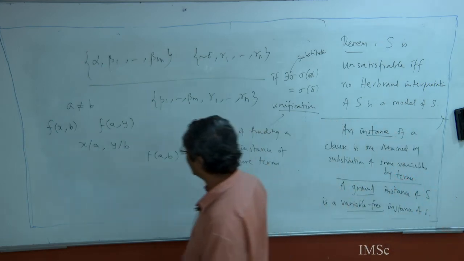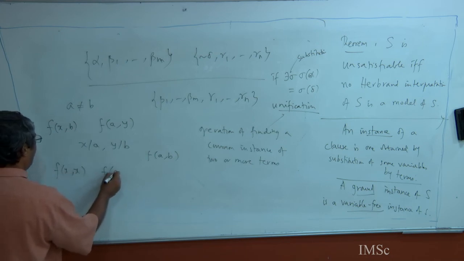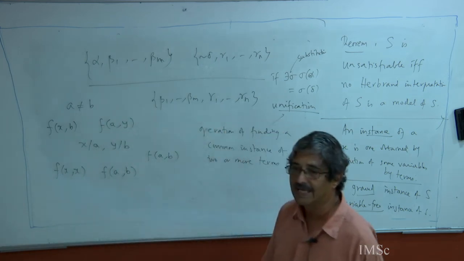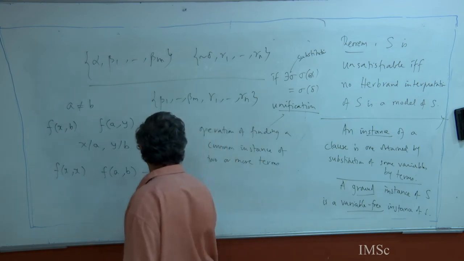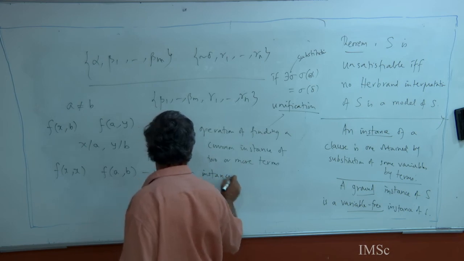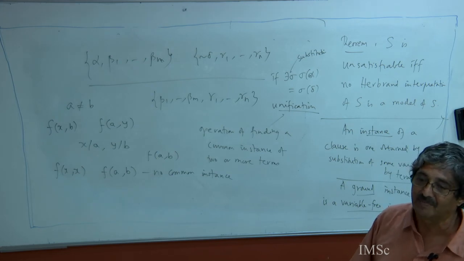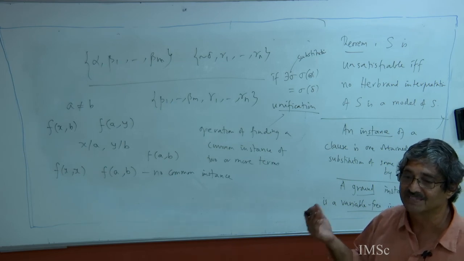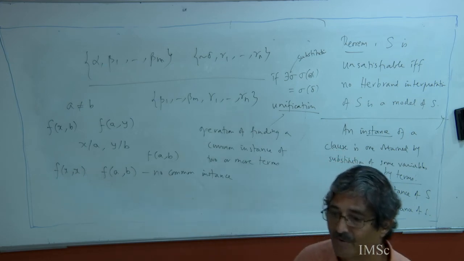But this is not the only one. For instance, suppose I have got f of x, x and f of a, b. There is no common instance at all. Yeah, because if I substitute x by a, I cannot substitute x by b as well, right? This is a map, it's a function from variables to terms. So these two terms are not unifiable, that's what you mean.